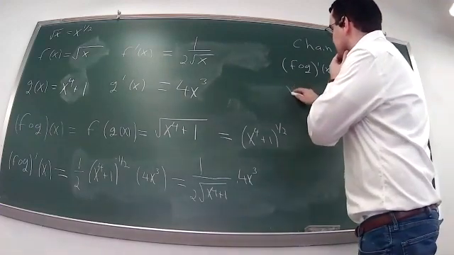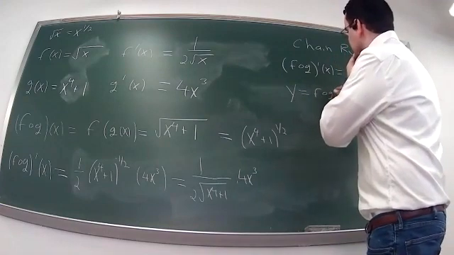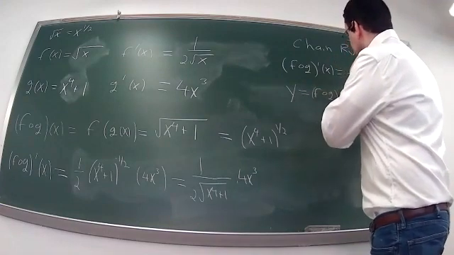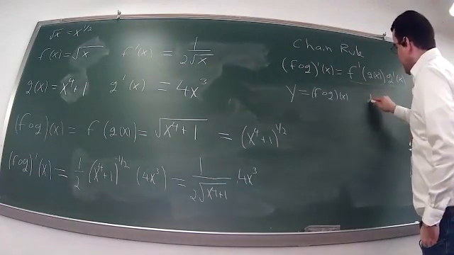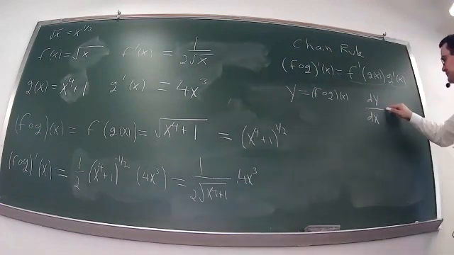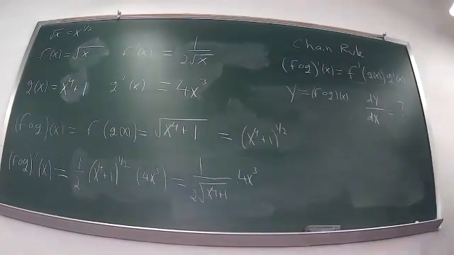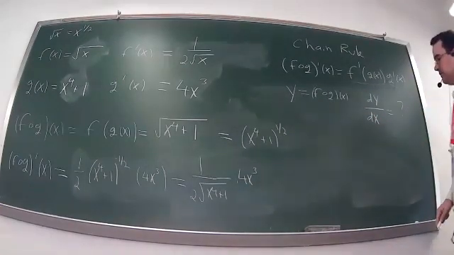So if you say y equals f composed with g, y is a function of x, and you're trying to take this derivative, you're trying to find dy dx. Remember, that's Leibniz notation. So there's a way that you can rewrite this.